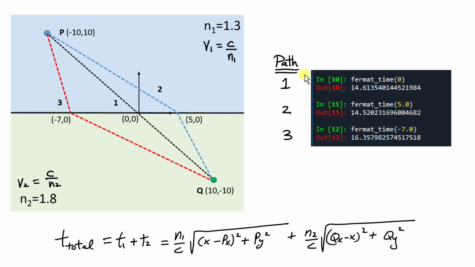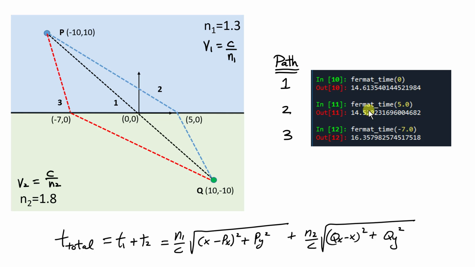All right, I went and I substituted the values of x for these three paths. So for path number 1, the x value is 0. Okay, if I do Fermat time, substitute the 0 in here, I get a time of 14.61. If I do x equals 5 for path number 2, you see I get a time of 14.52.